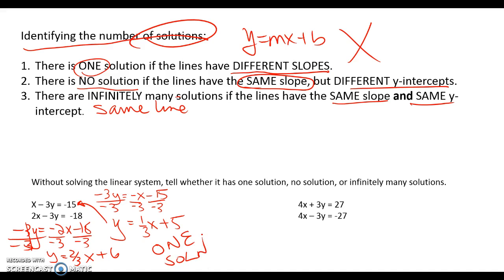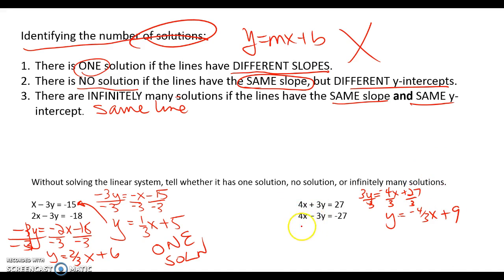Okay, let's try over here. I'm taking the first equation and manipulating it. Now I'm dividing, so y equals -4/3 x plus 9.